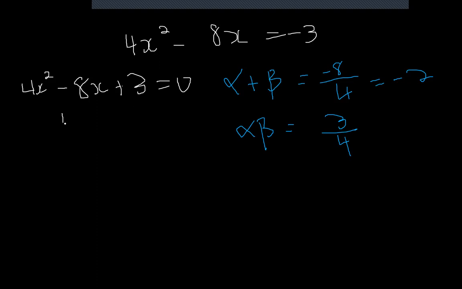A is 4, B is negative 8, and C is 3. And then you see step 3 over there. Everybody cool, right? Yes, miss. Nice, nice. That's what I like to hear. I have 2 more examples for you. How much time I have? Okay, I have enough time.